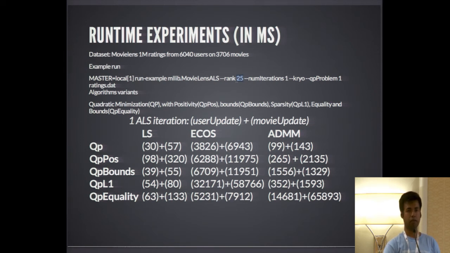When we put L1, we don't put positivity because that does not make sense. But we found in our runs that L1 and positivity gave different results. I don't know how that translates to the recommendation and the rest of the flow. We have not done that experiment yet, but we will be doing that.